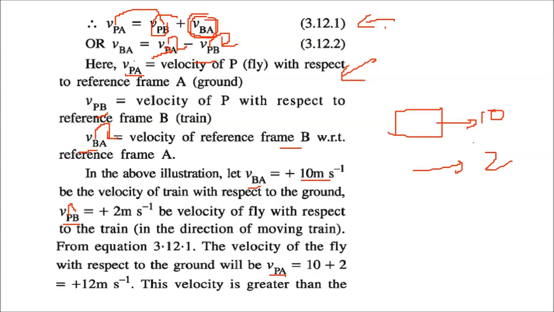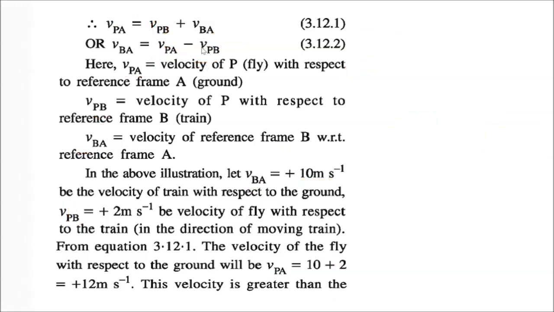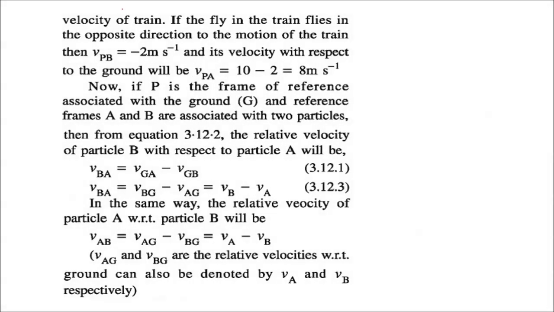We have taken this as 2 and this as 10, so 10 plus 2, which is 12 meter per second. The velocity of the train is 10, but we added 10 plus 2, so the fly velocity is added to the train and it becomes 12.